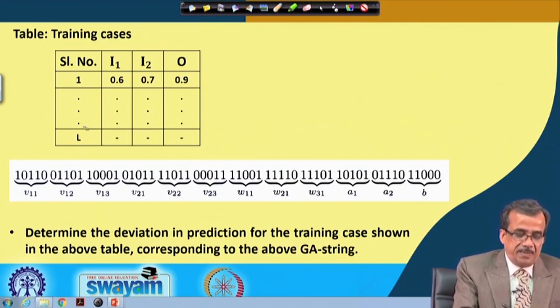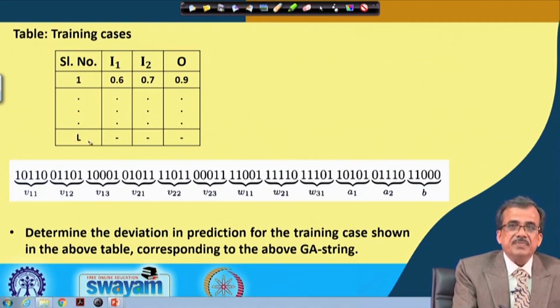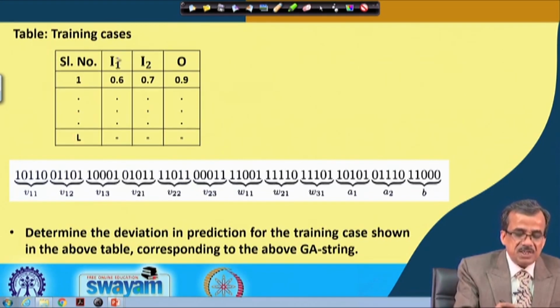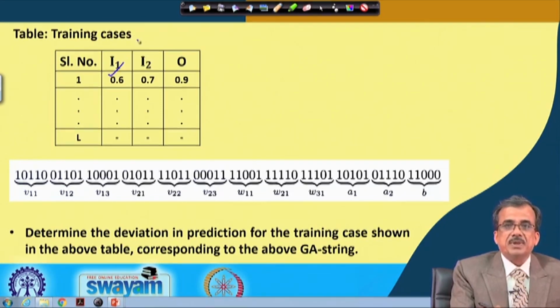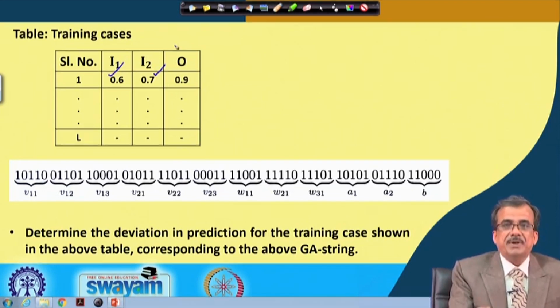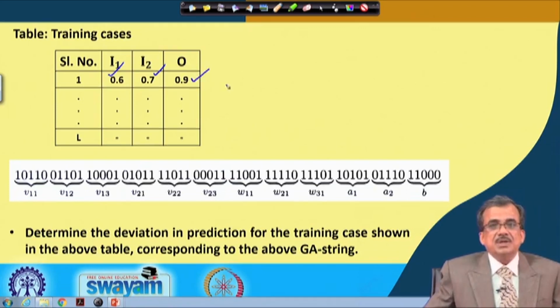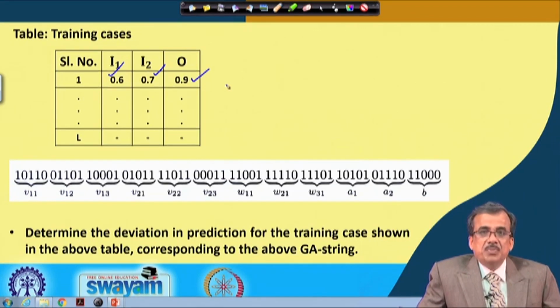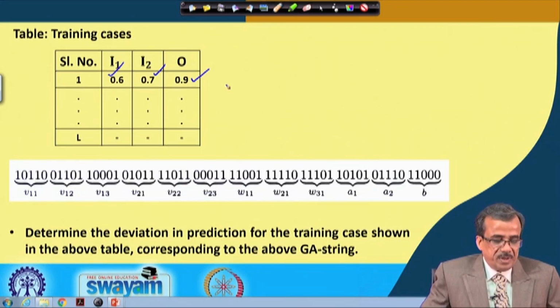Now, there are capital L training scenarios. Out of that, the first one is as follows: if I1 is 0.6 and I2 is 0.7, then the output is 0.9. So, this is the known input output relationship.